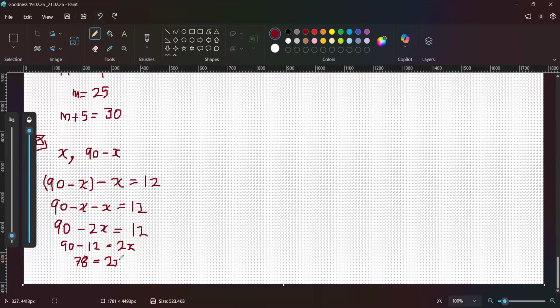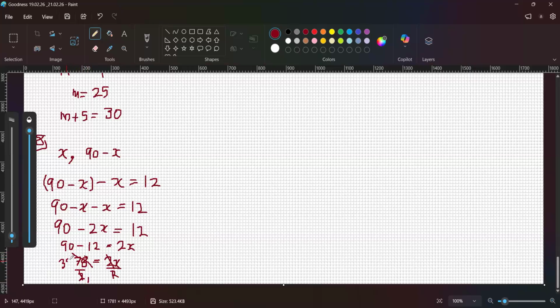If you divide 78 by 2, what do we come up with? That's 39. 39, correct.